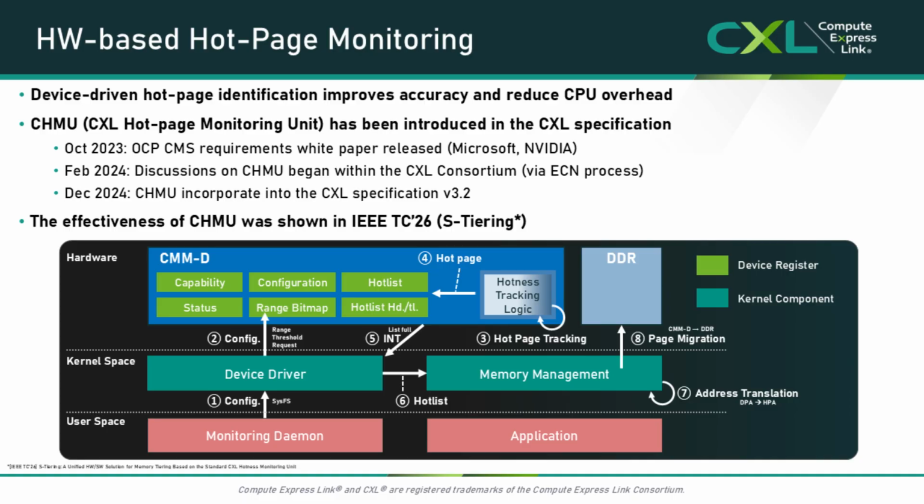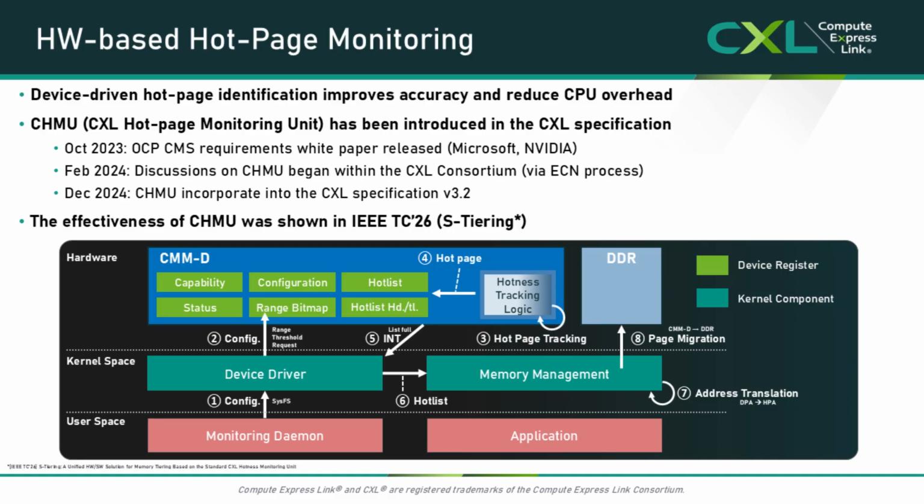Industry requirements were first discussed within the OCP community and then standardized through the CXL Consortium. Therefore, CHMU is expected to play a key role in future tiered memory systems. As defined in the specification, CHMU collects hot page information at the device level and provides interfaces for the host to read this data, along with event and threshold-based notification mechanisms.